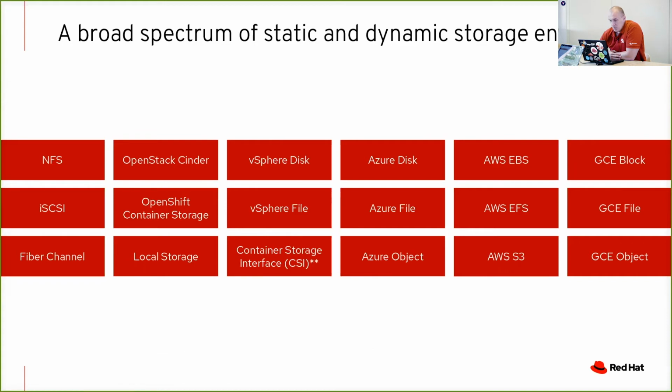We support some on-premise storage technology. Also, there is a development of a standard that has been defined in Kubernetes for accessing different storages, called the container storage interface. So there is currently a lot of development of different plugins that are compatible with that interface.